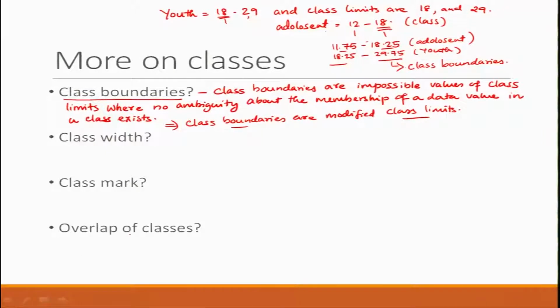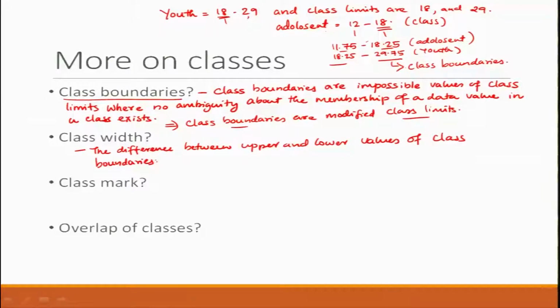Then the second one is class width. What is class width? The difference between upper and lower values, not of class limits, but of class boundaries.